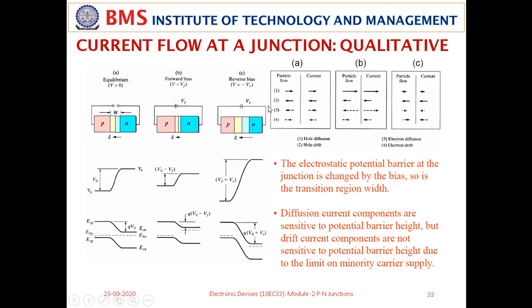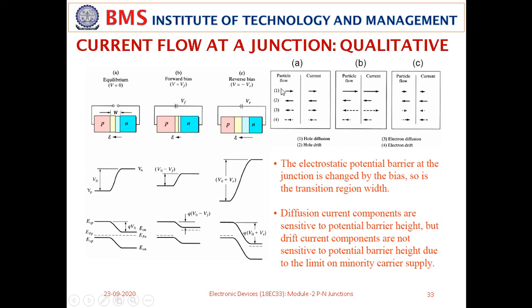Now before I stop today's class, I just want to look at these diagrams here. There are totally 3 boxes. Each box is applicable to equilibrium, forward bias and reverse bias, and the arrow marks show the directions of current. This part we already discussed in module 1 under equilibrium condition.